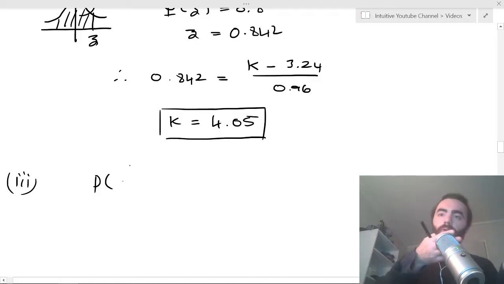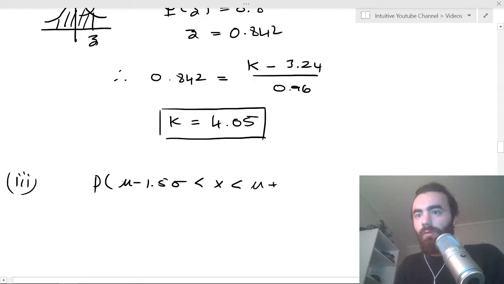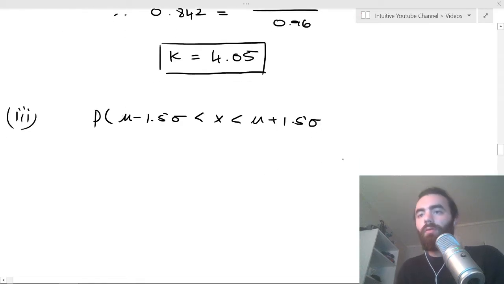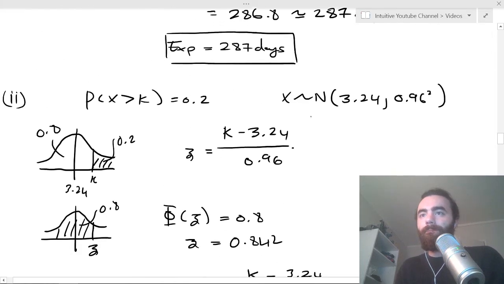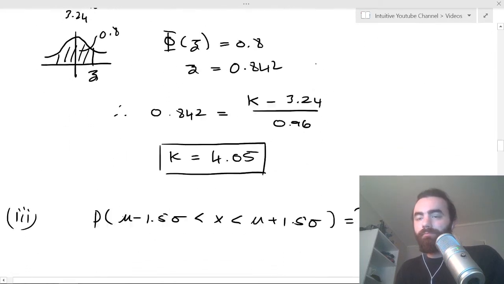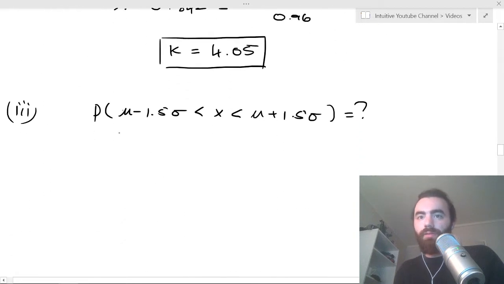That's minus 1.5 from the mean and plus 1.5 standard deviations from the mean. So it basically wants us to find this. What is that? And you could just sub in your mean and your standard deviation, you get two values.